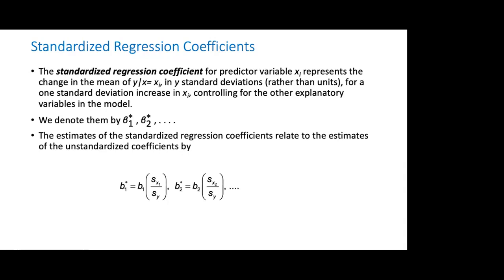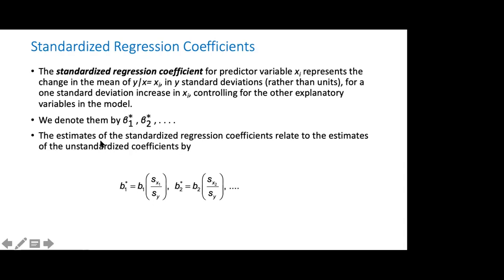That is a mix-up and can be super confusing. I think the textbook marked them with a star, which makes more sense. So these are the beta stars, the standardized population regression coefficients, and the B stars would be the estimated standardized regression coefficients, estimated from our sample.